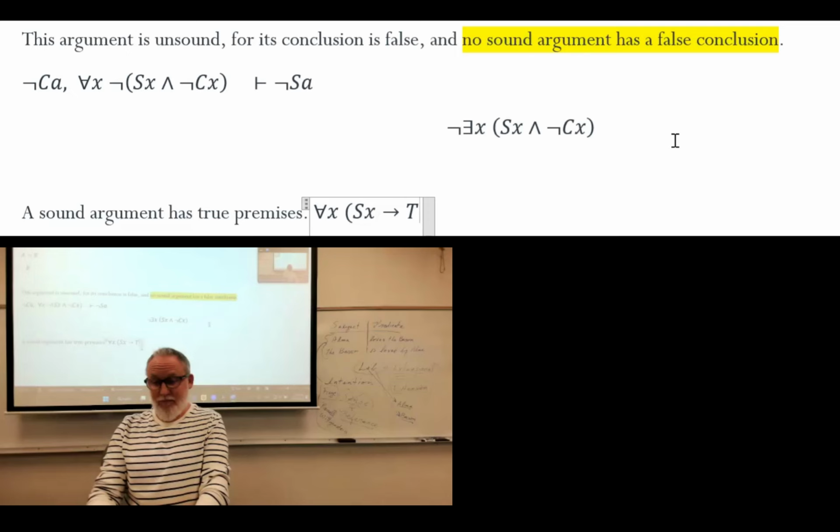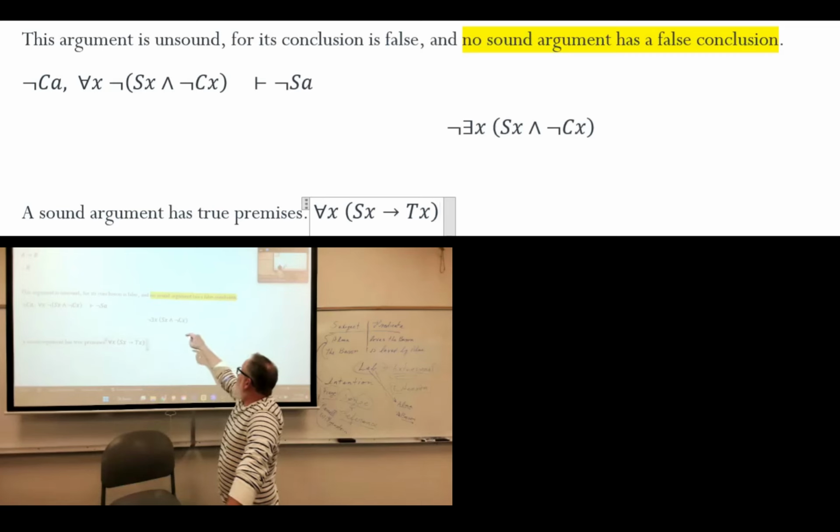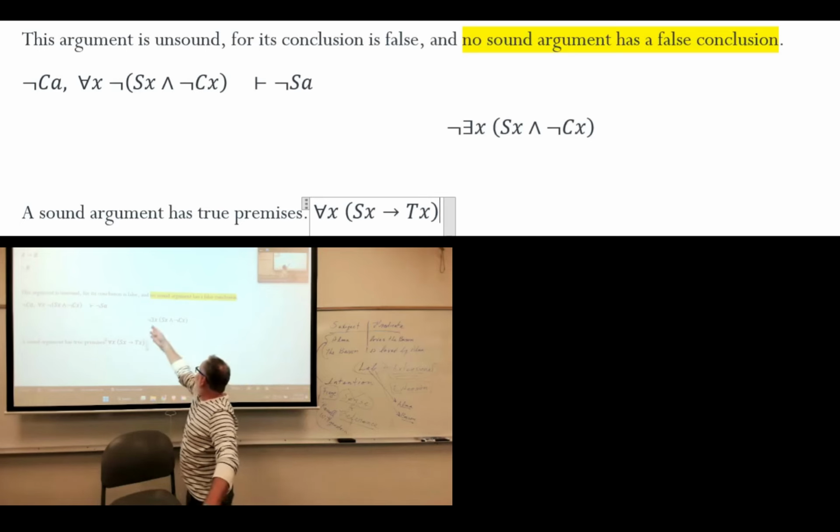Because your thinking is when it says no sound argument, you're thinking no particular sound argument. Like there's a singular we're interested in, which is why you think of not existential. No sound argument. The yellow one, yeah. So no sound argument. To me, because the negation is out front, I'm inclined to do it this way.